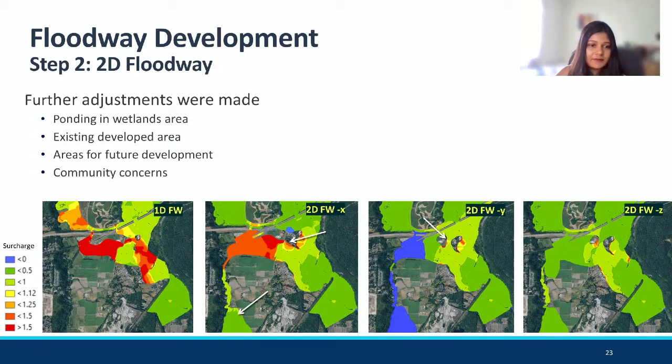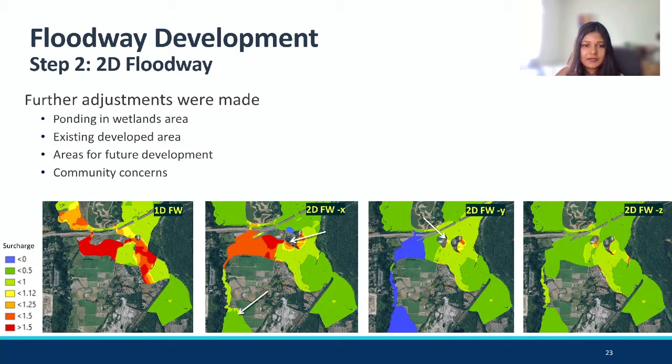There is this major red area that's a high surcharge area, and also in some of the channel there was a big surcharge. So then we started from there, and then we did a lot of iterations of trying to modify the terrain and just moving the encroachments and testing them out. And I'll walk you through some of the major changes we did and how we finalized it.